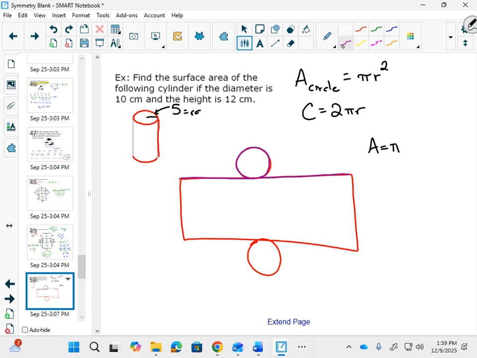That tells us the radius is half of the diameter. So I'd go to my calculator, I would type this in, 25, I'd find the pi button on my calculator, and I get 78.5, all rounded to one decimal place. And that would make this one down here also 78.5.